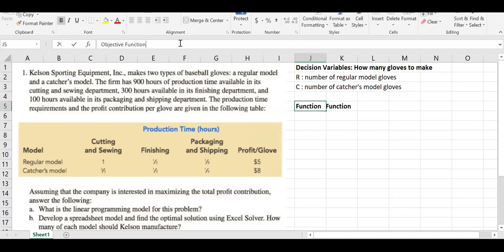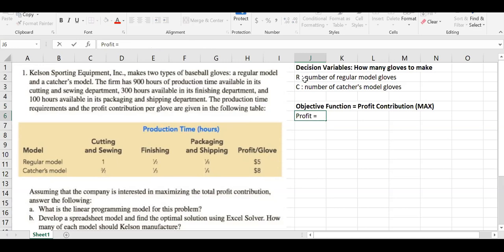The objective function in this case is going to be profit contribution, and we want to maximize it. The actual objective function, profit, is equal to 5, the dollar amount we get in net profit for each regular model glove.